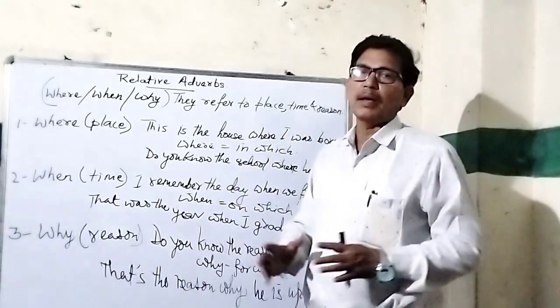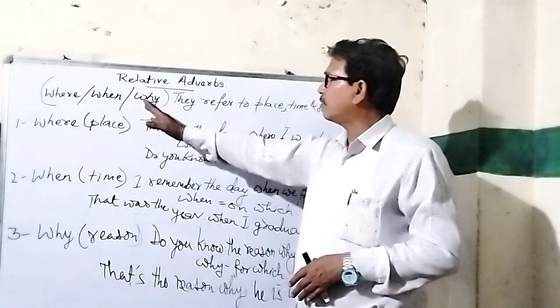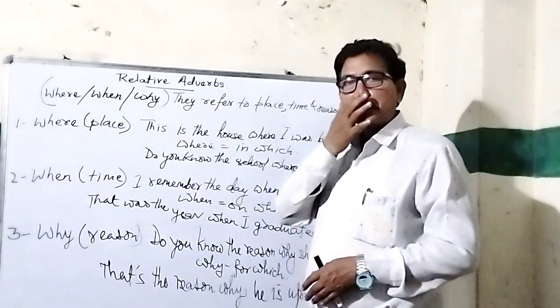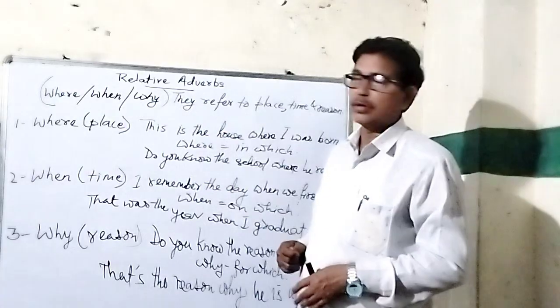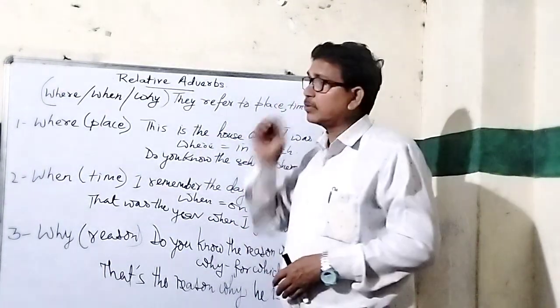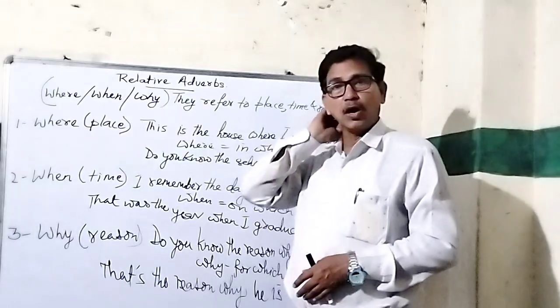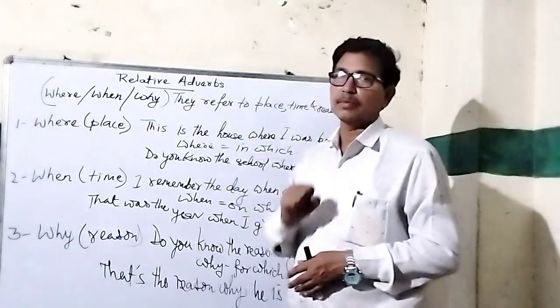One thing you must remember, that often when we use when, where, why, we always mention how also, because as interrogative adverbs when, where, why and how are used. So they are used as interrogative adverbs.